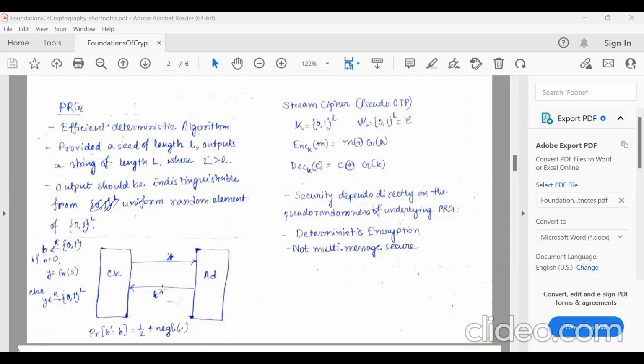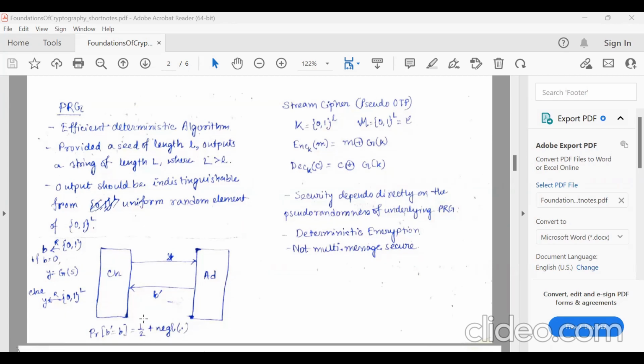That is, the adversary is correctly able to guess whether it is seeing a bit string generated by PRG or by a truly random generator. If the adversary wins, then of course the PRG construction is not secure. So we say that this probability should be equal to half plus negligible.